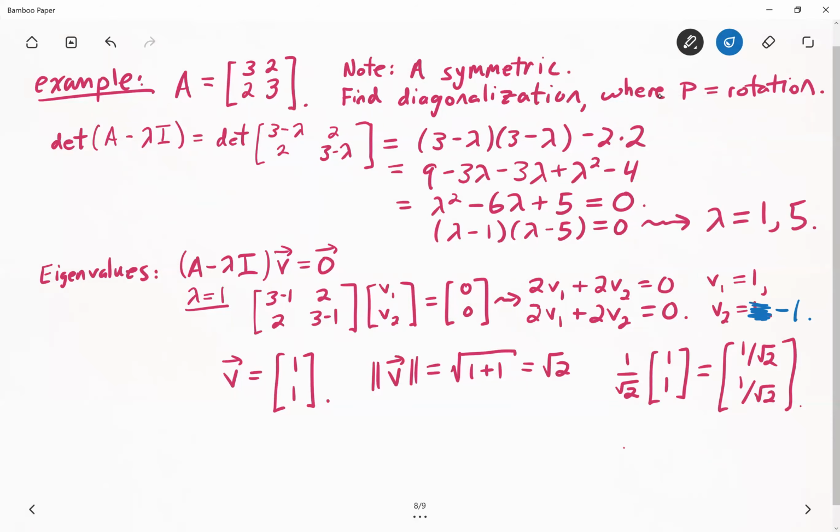I should get 2 different eigenvectors. That V2 should make that a negative 1. Put a negative 1 in here for my eigenvector V. The length of V is still root 2. That's still fine. But this first entry should be a negative 1 over radical 2. All right, much better.